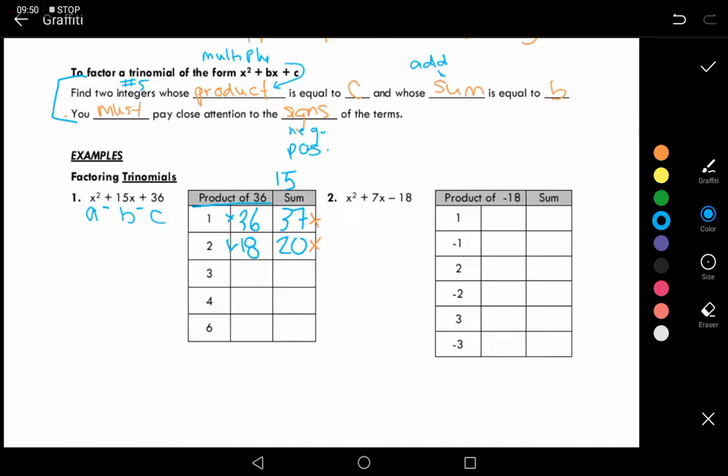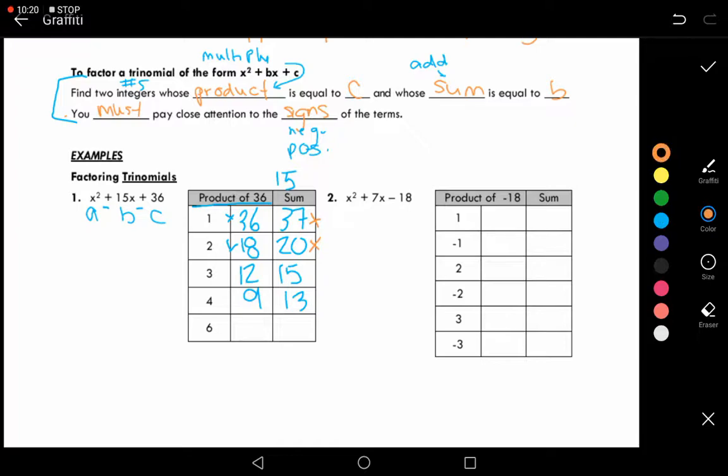Okay, so now I try 3. 36 divided by 3, or 3 times 12, will give me 36. If I add those together, I get 15. Well, that's what I'm going for, right? So those are probably my factors, but I'm going to fill out the other two just to be sure. 4 times 9 also gives me 36, and if I add those together, I get 13.